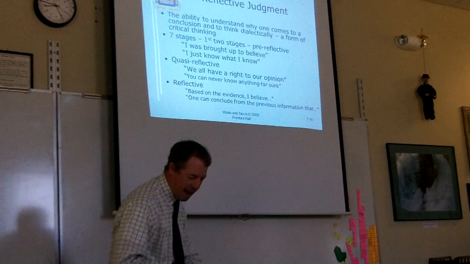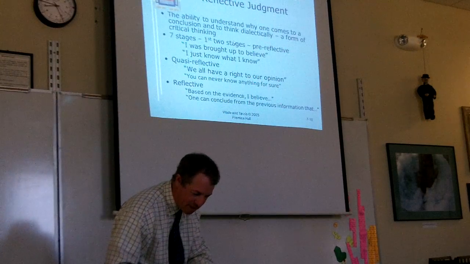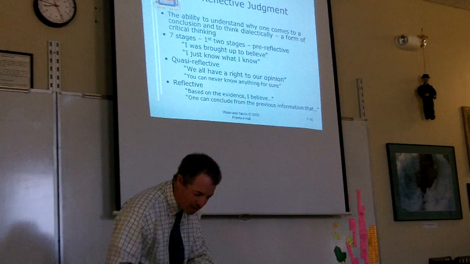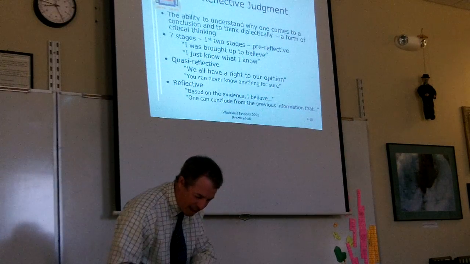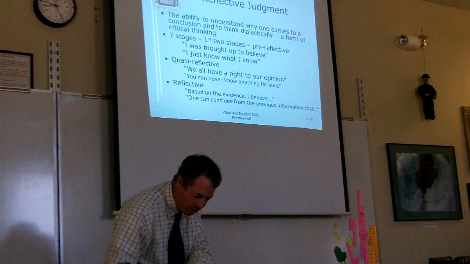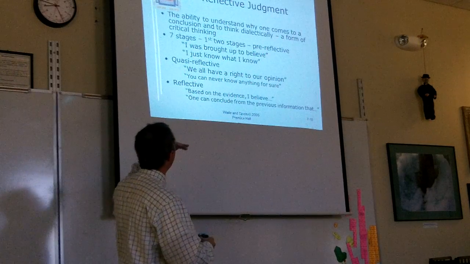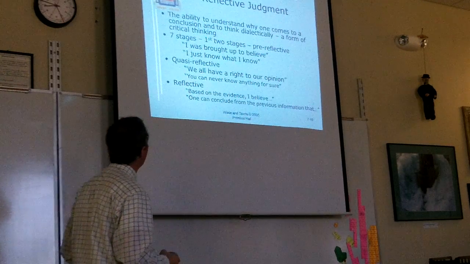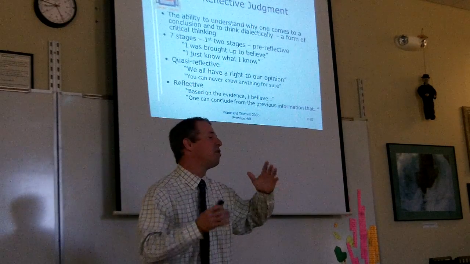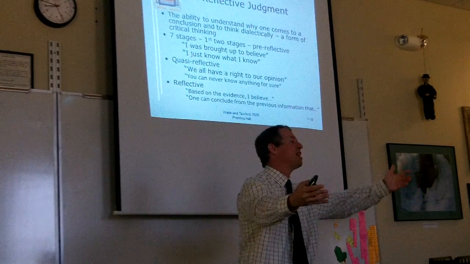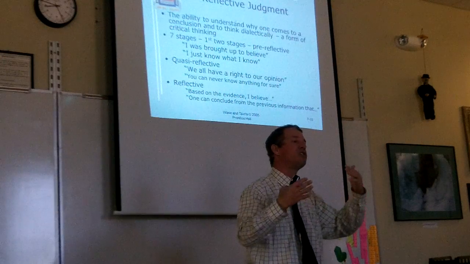And there was a guy, and I was looking for his name here, and I can't find it, King and Kitchener, had stages to reflective judgment, stages to how well you use evidence in making your decisions. We call that judgment.